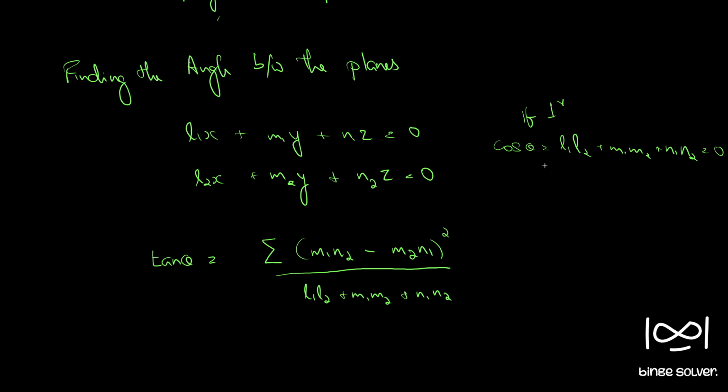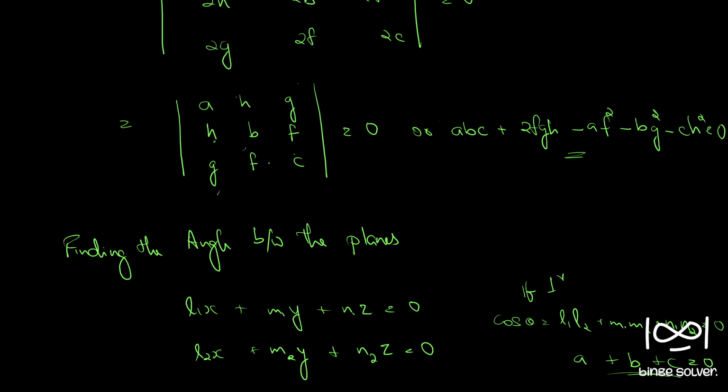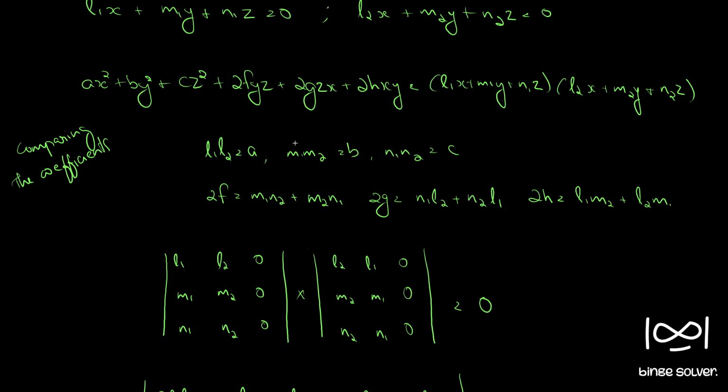In that condition, we have L1 L2 as A, M1 M2 as B, and N1 N2 as C, so A plus B plus C will be equal to 0. In other words, if you sum the coefficients of x square, y square, z square and get 0, and if this homogeneous equation represents the product of two planes, then those planes will be perpendicular.